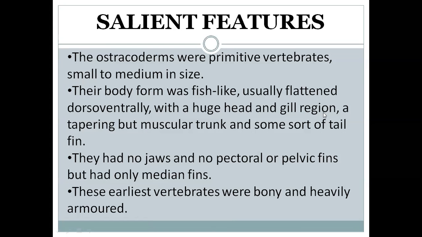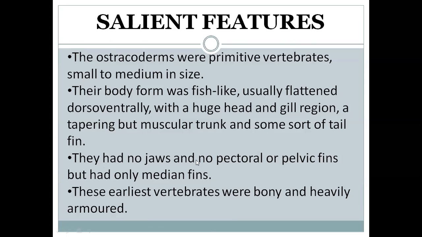The posterior end was tapering, and the middle trunk was muscular, and some sort of tail fin was also present. So they had tail fins, a very muscular trunk, a huge head and gill region, and a tapering posterior end with a tail fin.